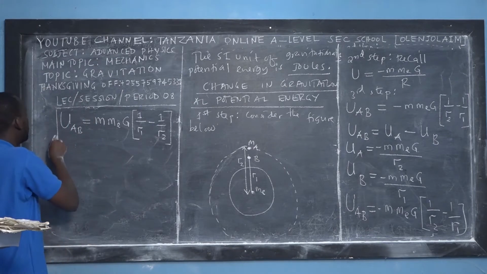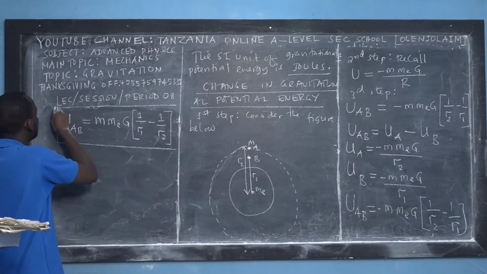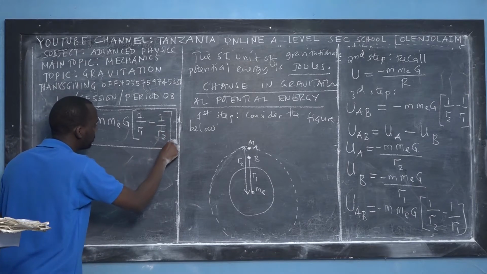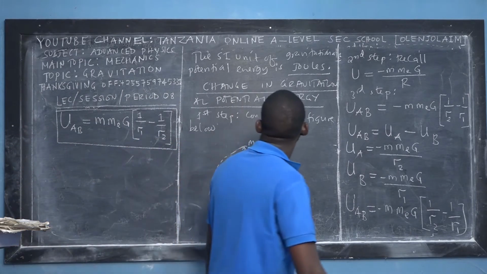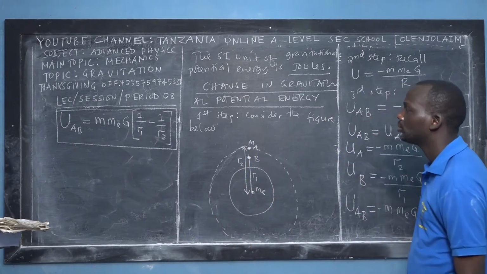So this is what we call the change in gravitational potential between the two points.